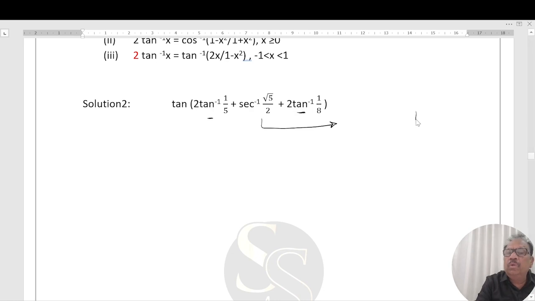To reduce into tan, this is x. Sec is hypotenuse upon base, 5 and 2, so the perpendicular comes out to be 1. So sec inverse root 5 by 2 can be written as tan inverse 1 by 2, right? So this can be reduced like this.